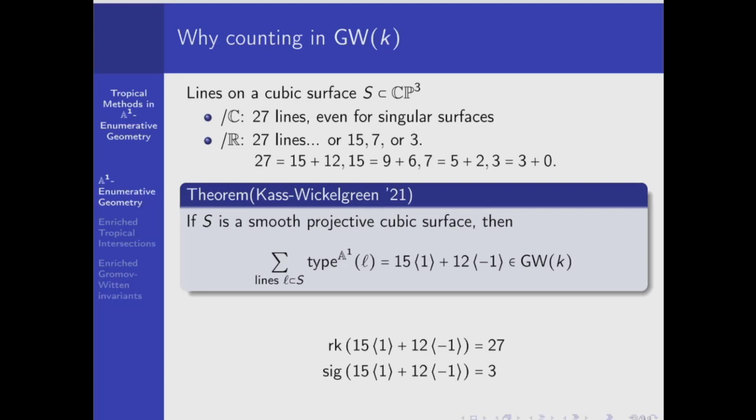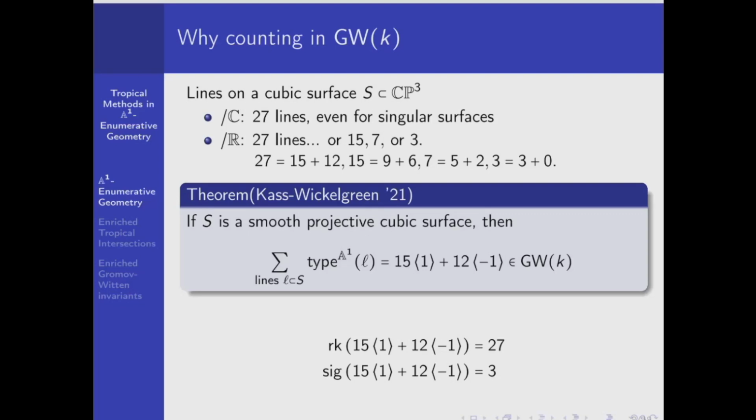So what happens here, let's say in the case of the reals, if I have the 27 lines, then the type being hyperbolic or elliptic coincides with having a 1 or a minus 1. But if I have fewer real lines, so let's say I have 15 real lines, I'm going to have 9 lines that add 1, 6 lines that add minus 1, and I'm going to have 12 lines that are complex conjugated.